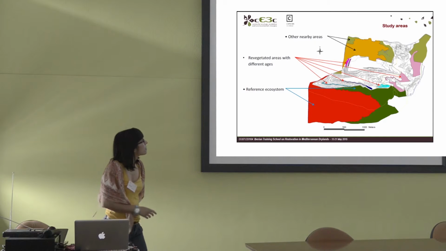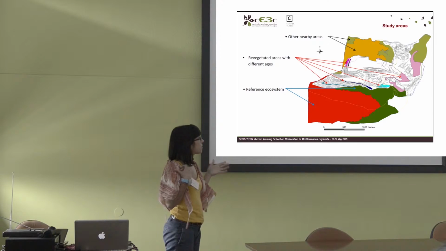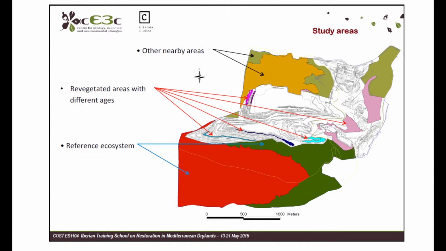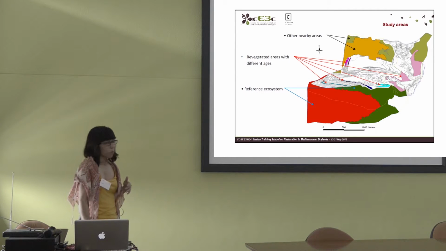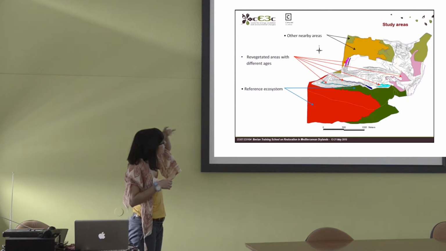So this is the total area of Cecil. We chose different sites inside the quarry, both quarries in marl and limestone, with different ages, which you can see with the arrows.